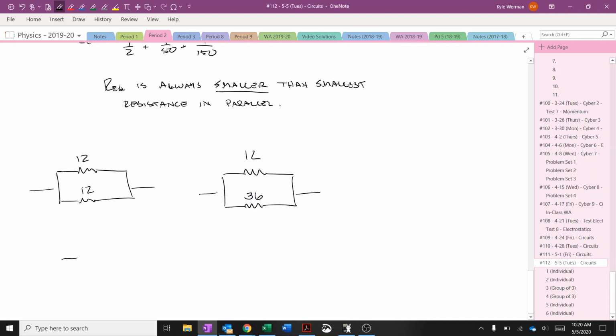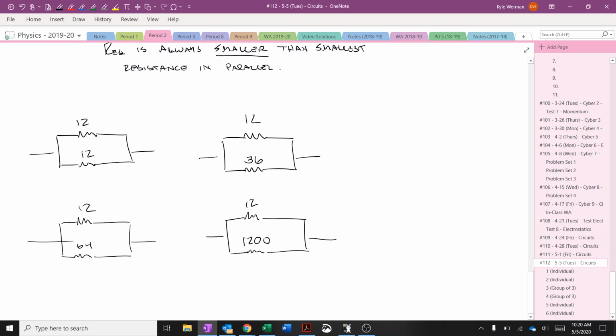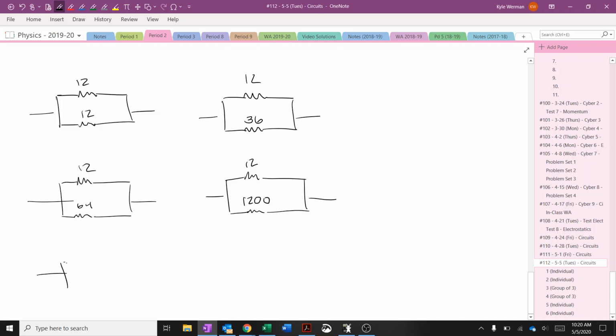We'll do another one here with a 12 and a 64. We'll do a big one, that same 12 ohm with a 1200 ohm resistor. And then we'll do one more here with a 12 and just a 4 ohm resistor.